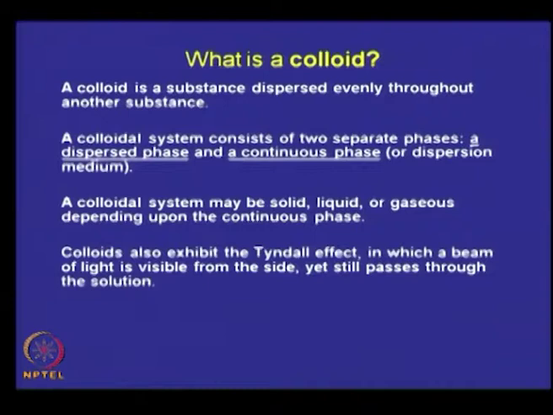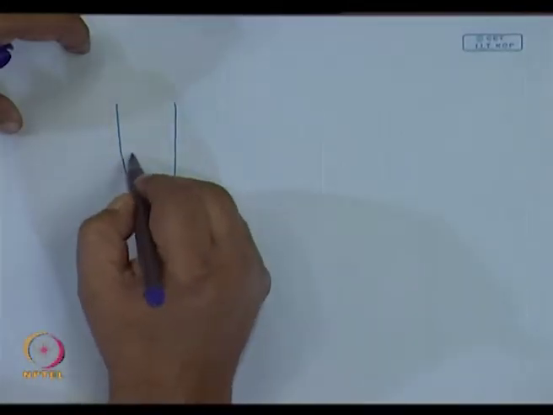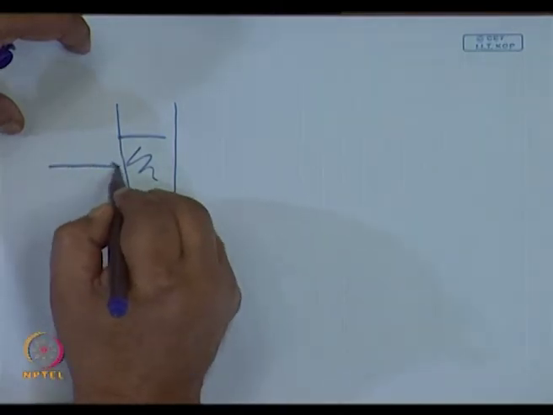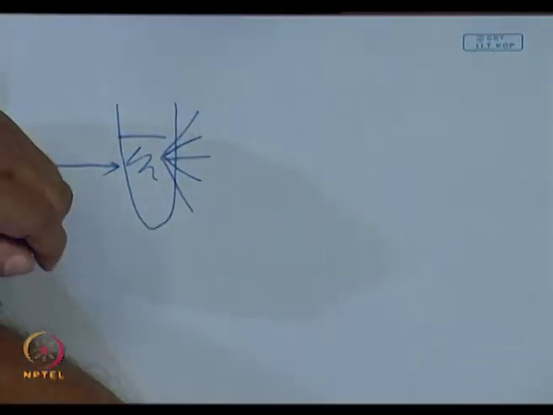One of the things that these colloids do is exhibit a Tyndall effect. Means if I have a suspension, and I shine a light beam through, it will be scattered all around. For those of you who have seen light coming through a crack in a smoke filled room, you will see that you can see the light tracks, because the light is being scattered by the dust particles.